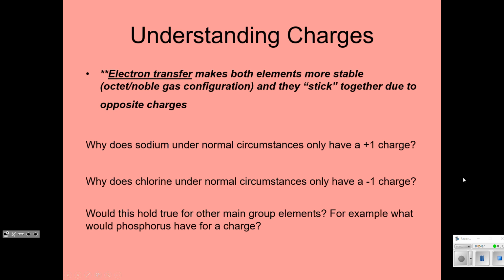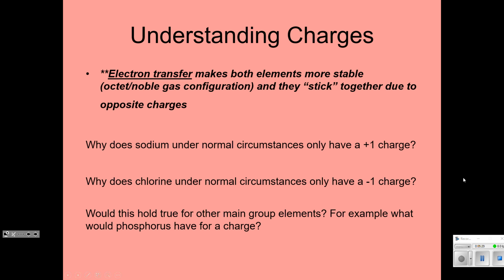Very last question on your note sheet says, would this hold true for other main group elements? So for example, what charge would P, phosphorus, have? Again, when I make worksheets, I don't make up random charges.